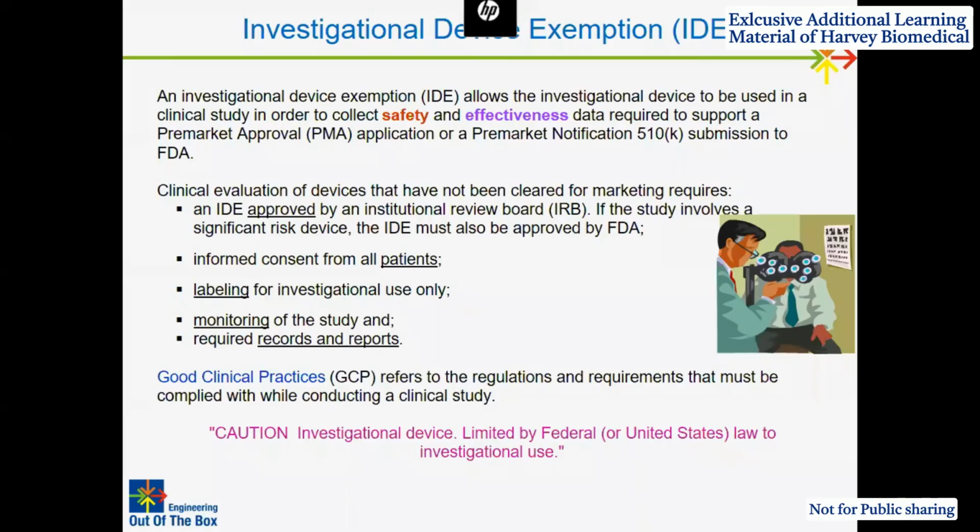In those cases, the device will be exempted from specific requirements. An investigational device exemption, IDE, allows the investigational device to be used in a clinical study in order to collect safety and effectiveness data required to support a pre-market application or pre-market notification submission to FDA.